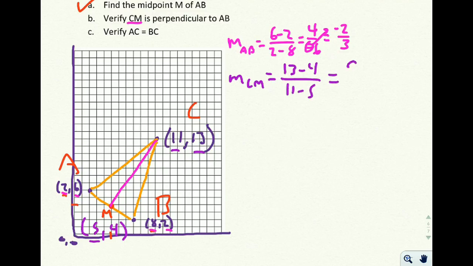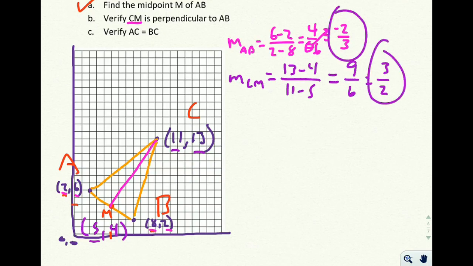And when I get that, I get a 9 over 6, reduces to a 3 over 2. Common sense check, it's a positive slope, reasonably steep, so 3 halves makes sense. These two numbers here, if you were to flip the fraction and change the sign from positive to negative or negative to positive, you could convert between the two. So in fact, it is perpendicular.